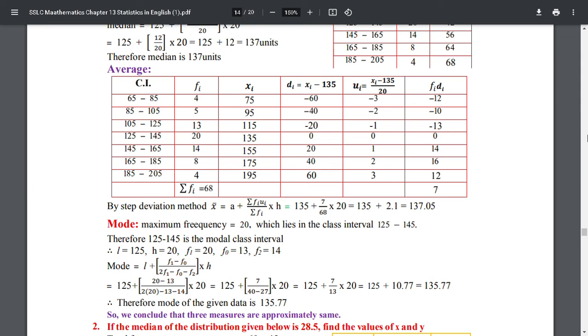Total Fi Ui is equal to 7. The last column is Fi and Ui, not Di.